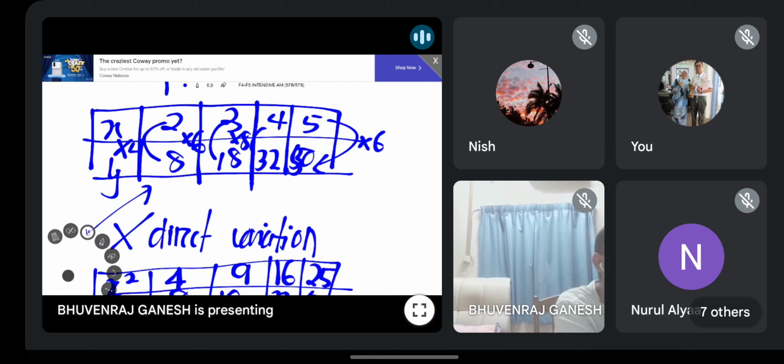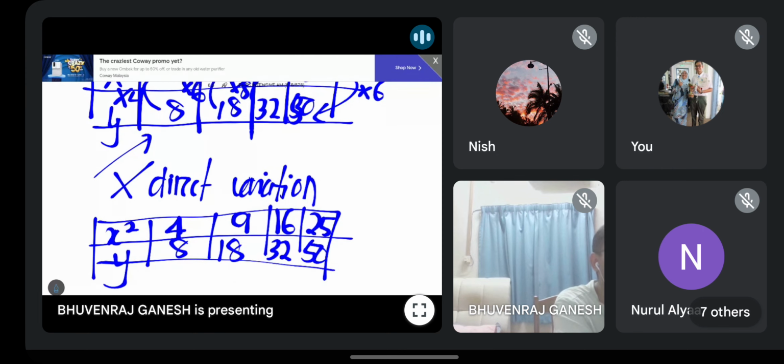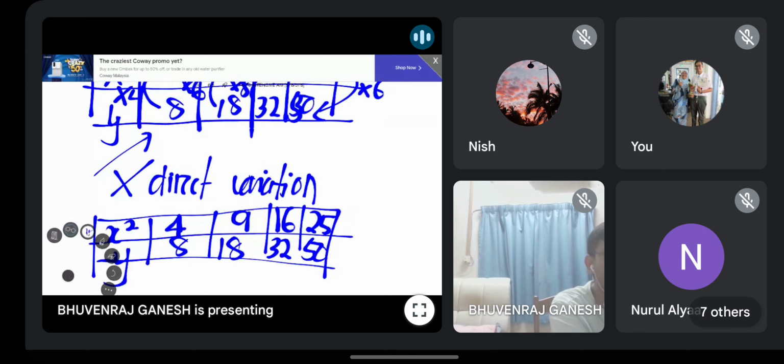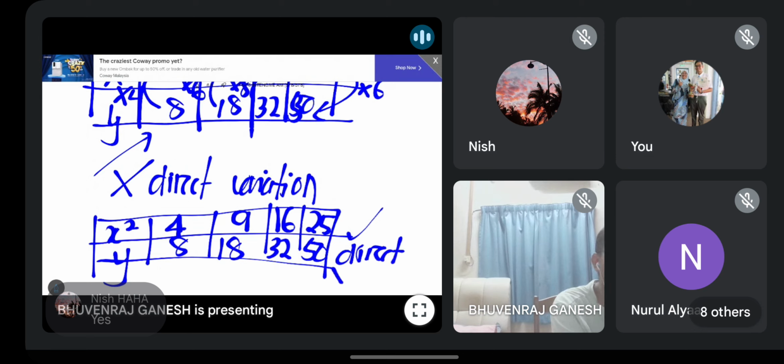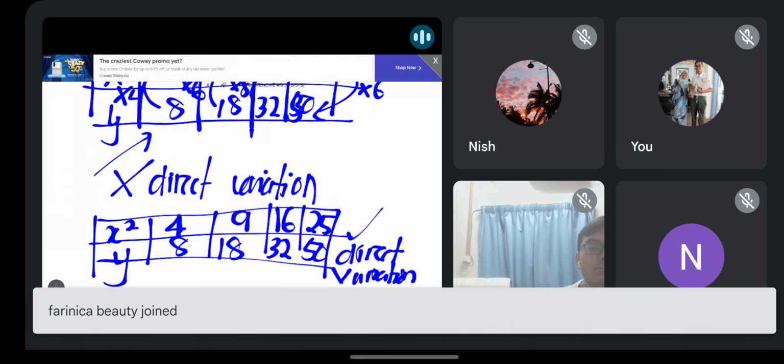So guys, if you see this new table over here, adakah ini menunjukkan ubahan langsung? Does this show direct variation? Yes or no? Yes. Okay, because you have constant. Kamu ada pemalar. What is the constant? Can you all tell me? Apa nilai pemalar kamu?